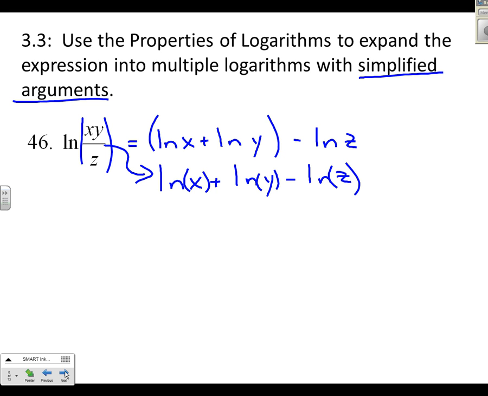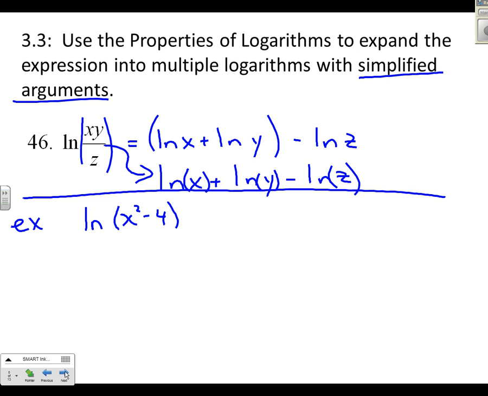Okay, bonus problem along that line. What if I had to simplify, say, this argument? What if I had x squared minus 4, for instance? This is just an example, has little to do with this, same directions. What you cannot do is distribute ln. This is not ln times x squared minus 4. This does not become ln x squared minus ln 4.